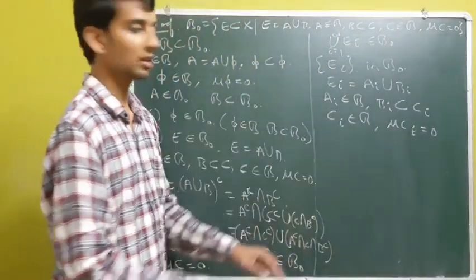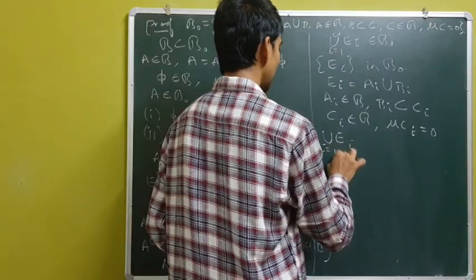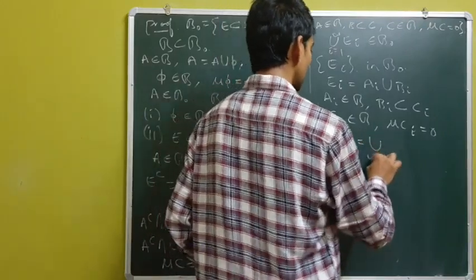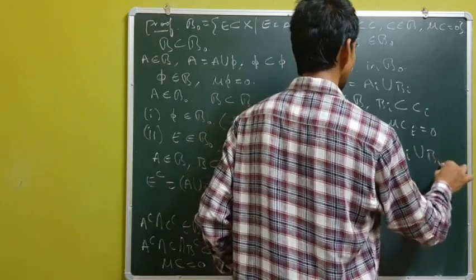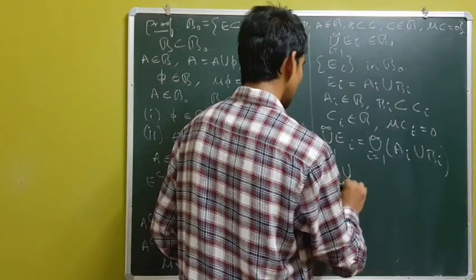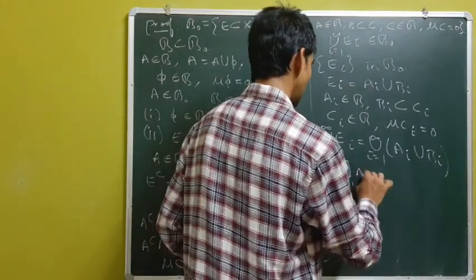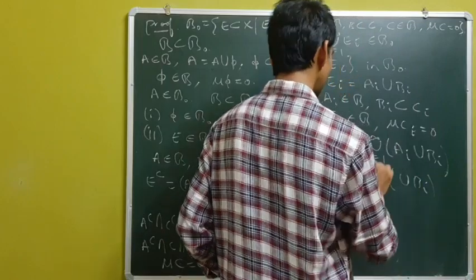So having this, if I consider the countable union of E_i's, it is the same as the countable union of (A_i union B_i), which is the same as the countable union of A_i union the countable union of B_i's.